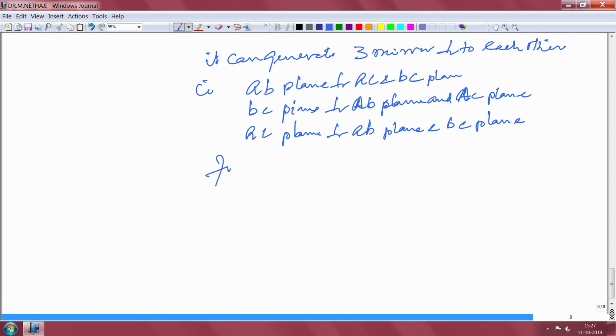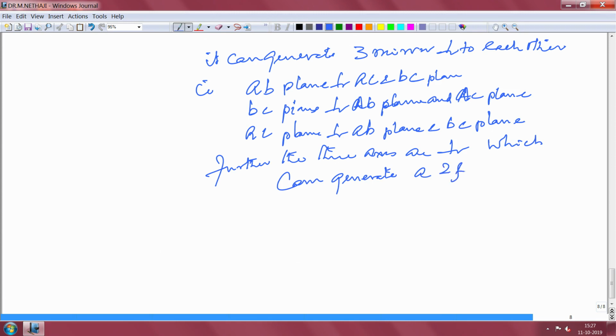Further, the three axes are perpendicular, which can generate a twofold symmetry.